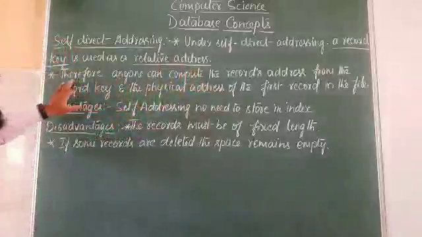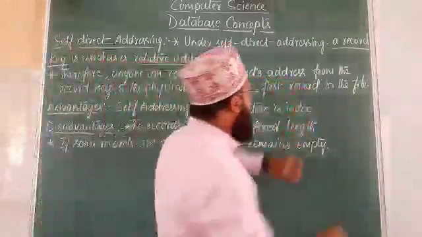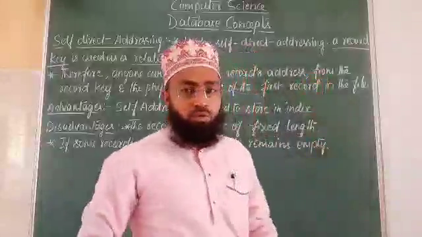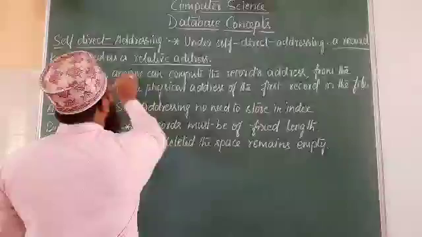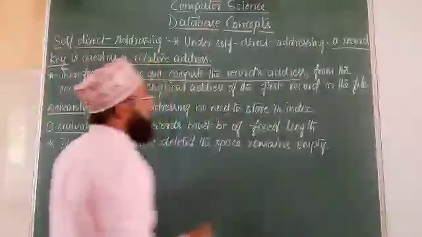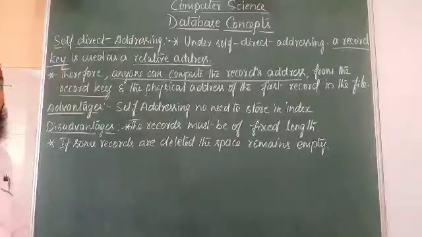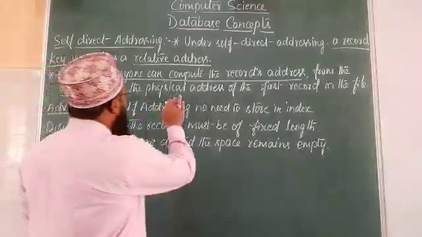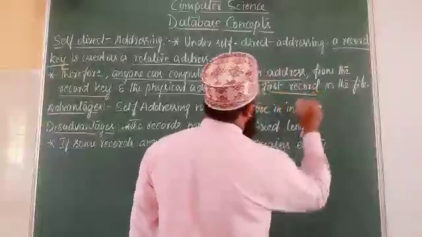And next thing, therefore, anyone can compute the record's address. Anyone can compute the record's address from the record key with the help of the record key and the physical address of the first record in the file.